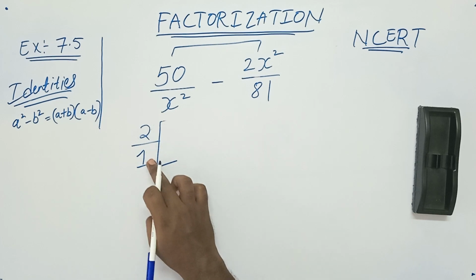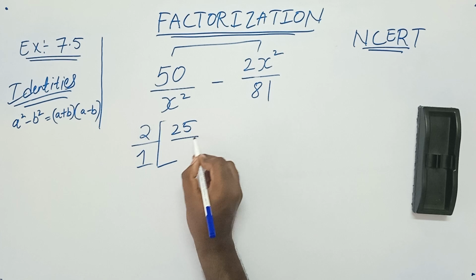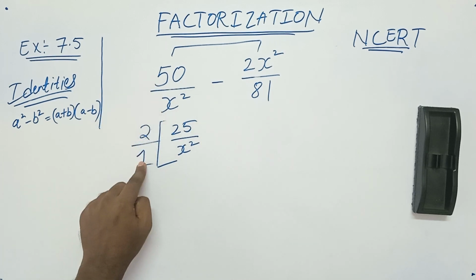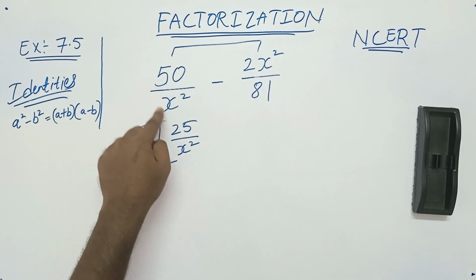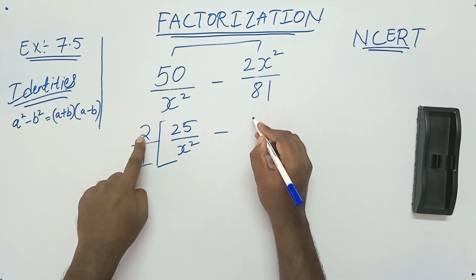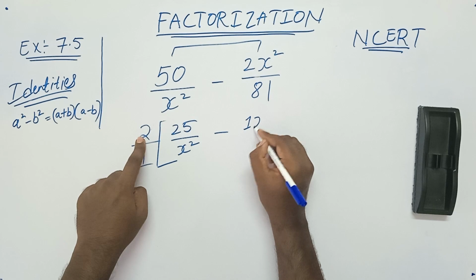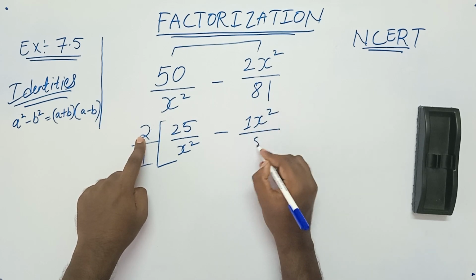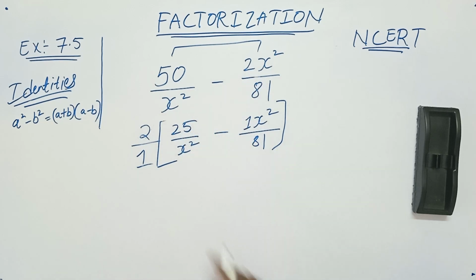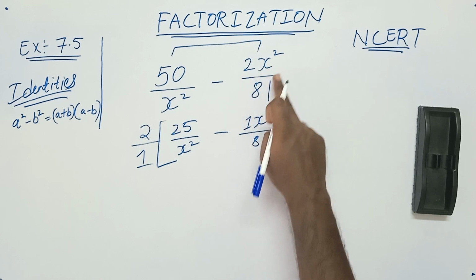So 2 times 25 upon x square is 50 upon x square, and there is a minus sign, we keep the minus sign. 2 times 1x square upon 81 is 2x square upon 81.